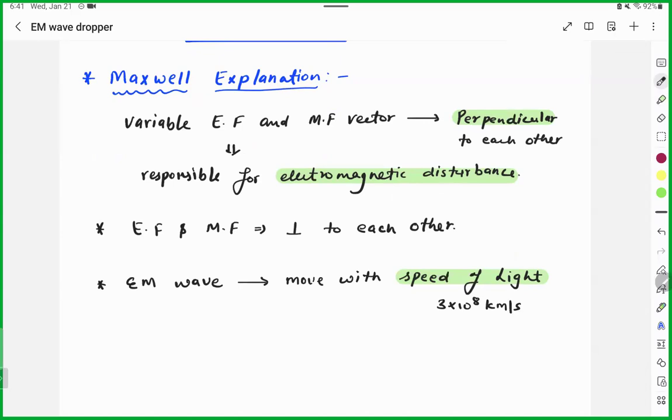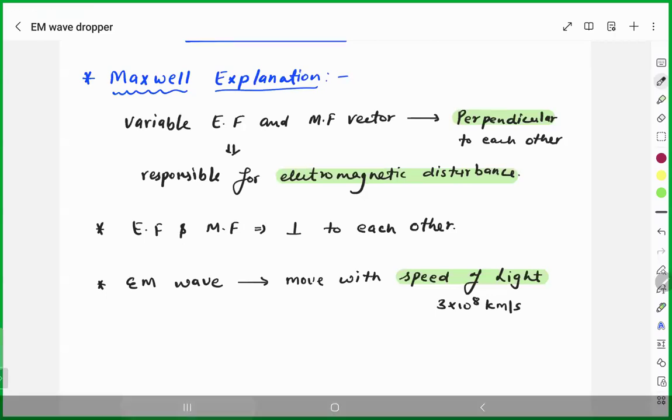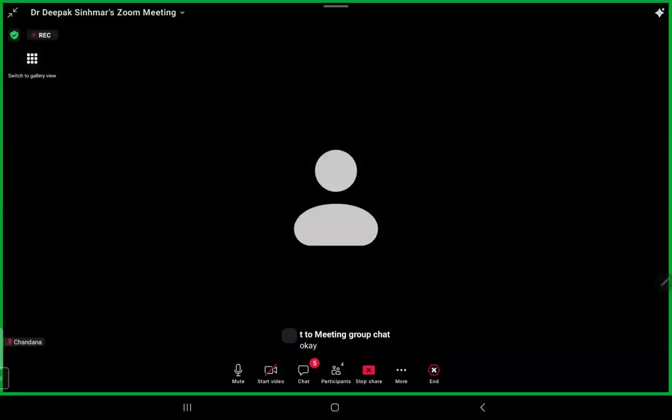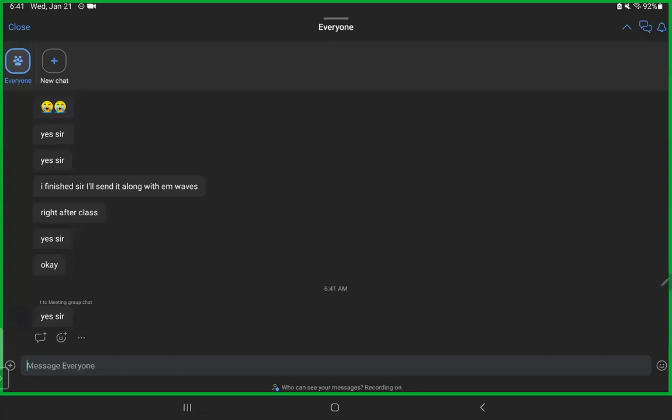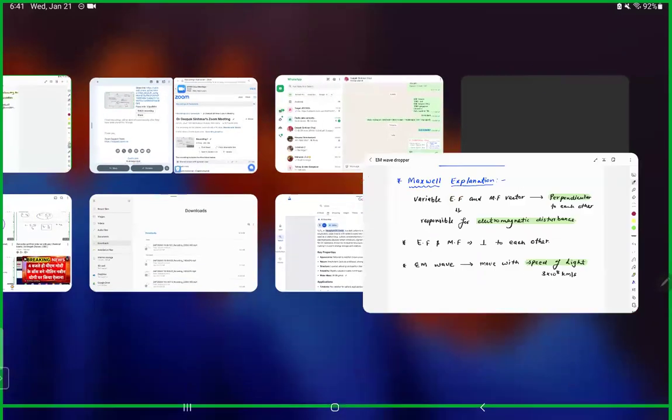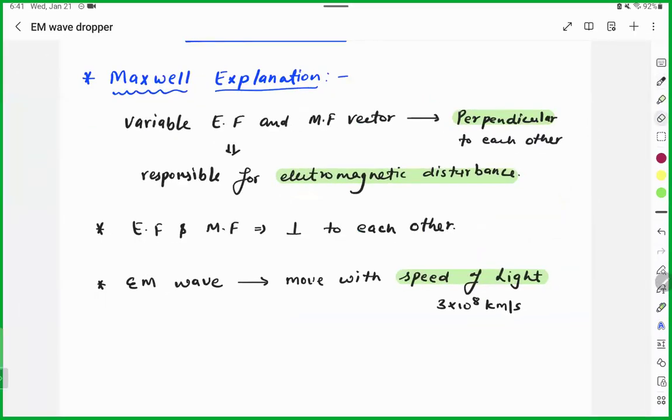So, is this correct? Answer is no. It is meter per second.